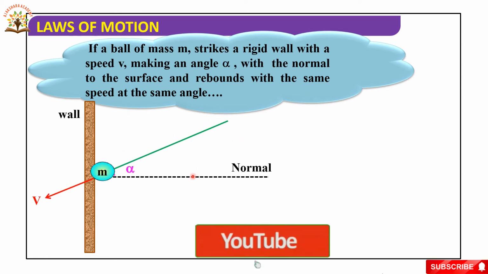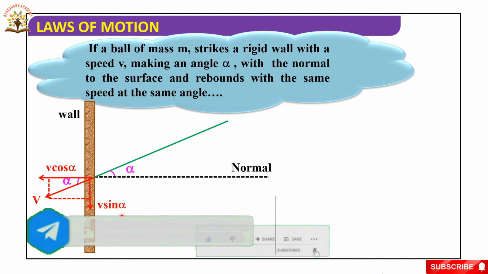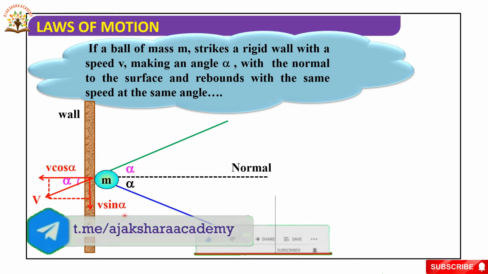See the picture. Here the velocity is resolved into two components, one is v cos alpha, the other is v sin alpha. Same angle.